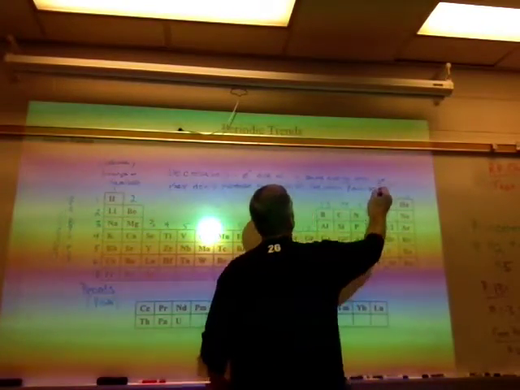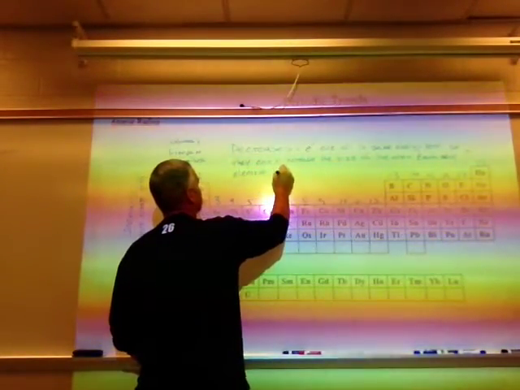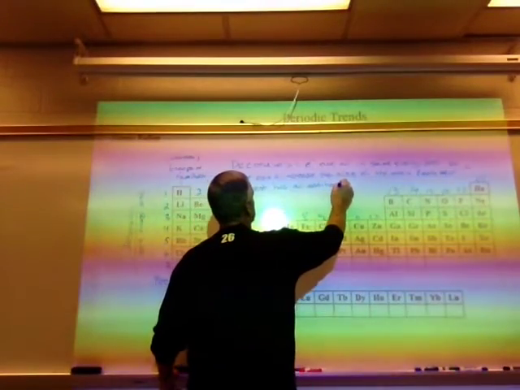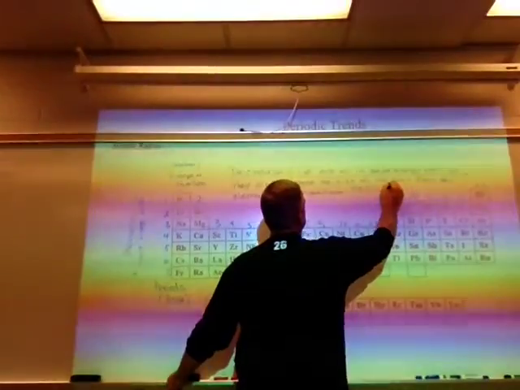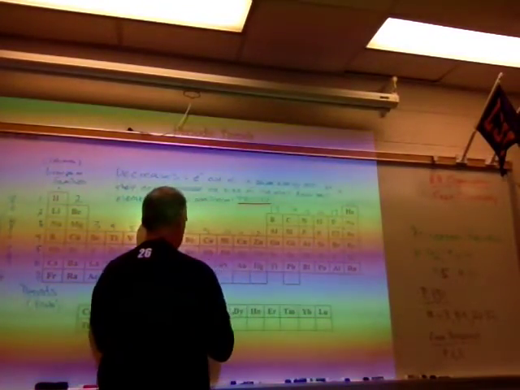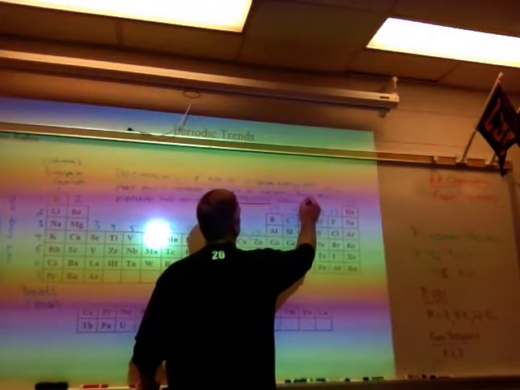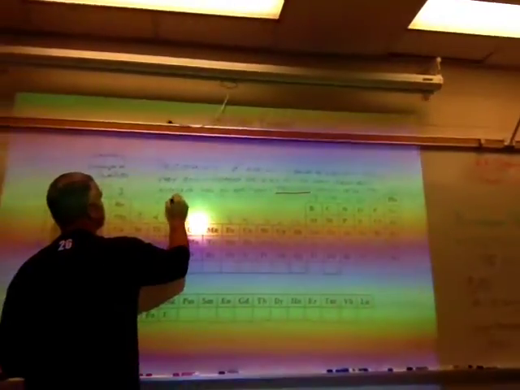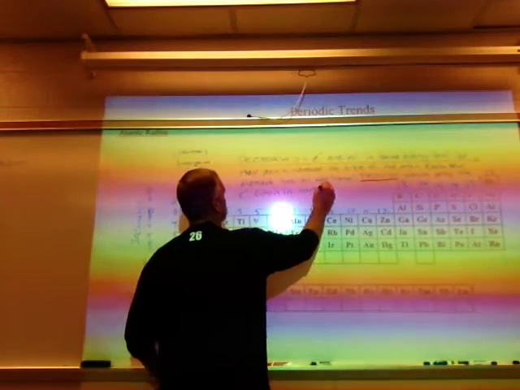Each new element has an additional proton, which pulls the electron cloud in more tightly.